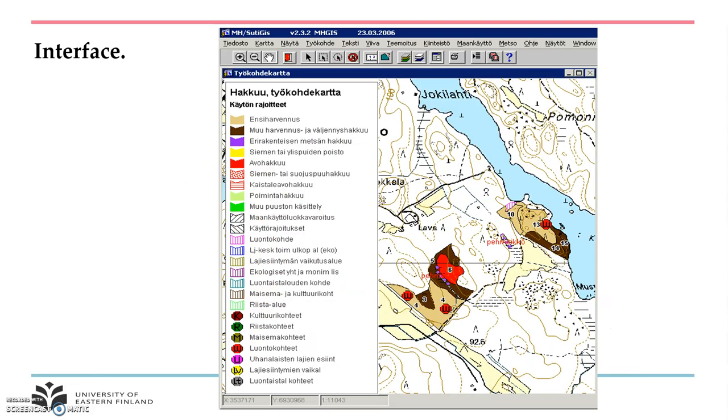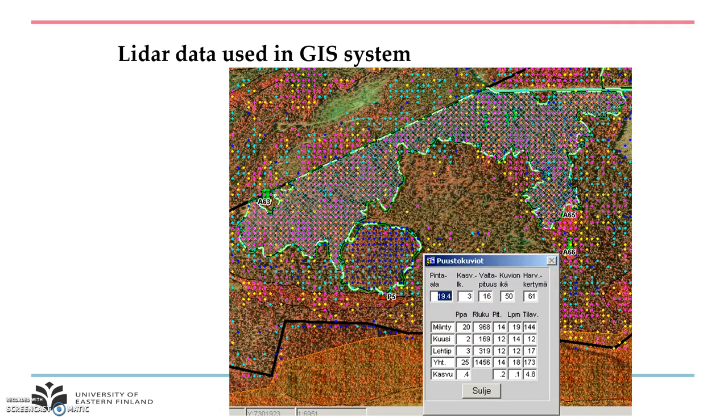In the end the companies are extracting operational plans. When the harvesting is done in the field, they utilize these operational maps in their work. LiDAR data is also used directly in management planning.